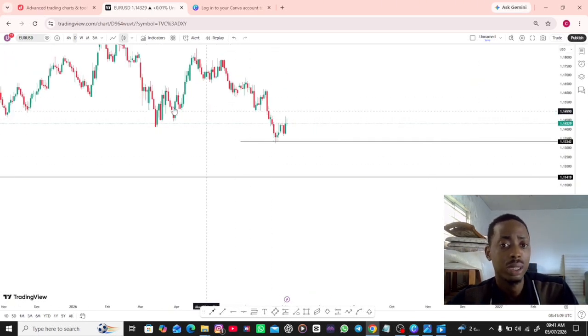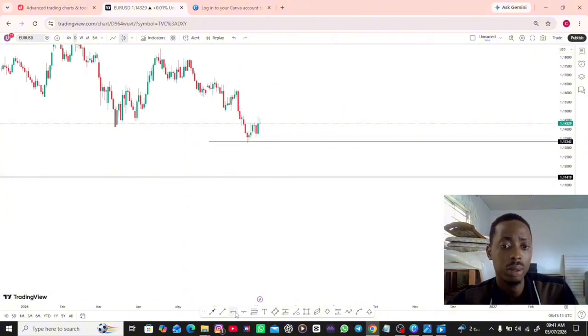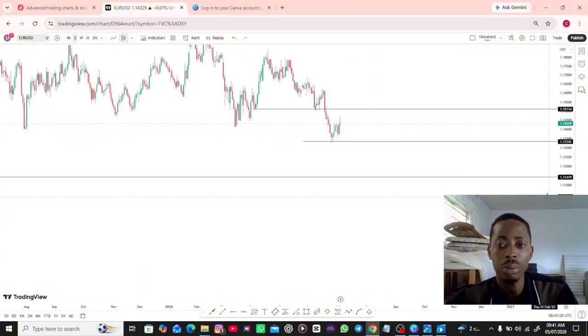And if you can watch, this low was something here. This low is where I'll be picking, and I'm going to go ahead and clone that level.